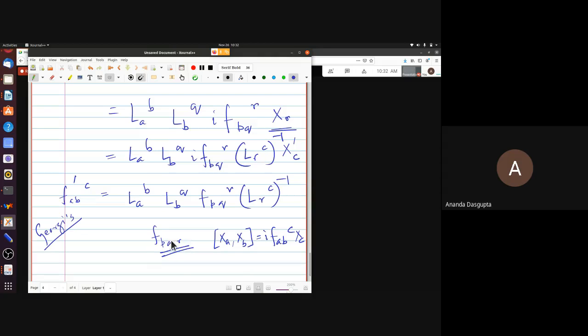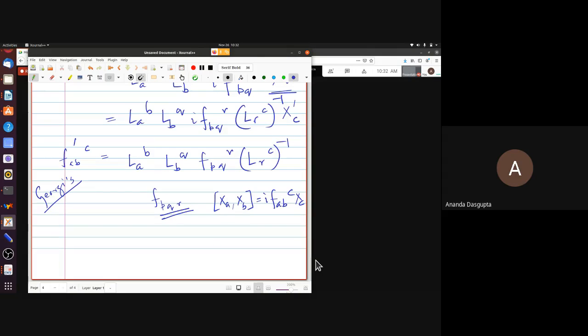Okay. But will it be antisymmetric in the last index? Of course it can't be antisymmetric in one index only, but will it be antisymmetric in all indices? Yes.